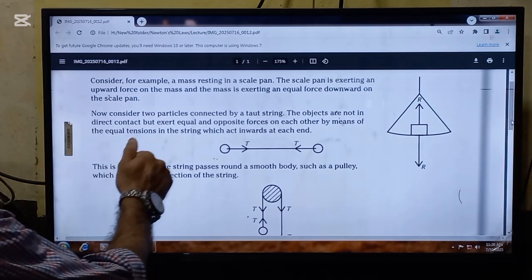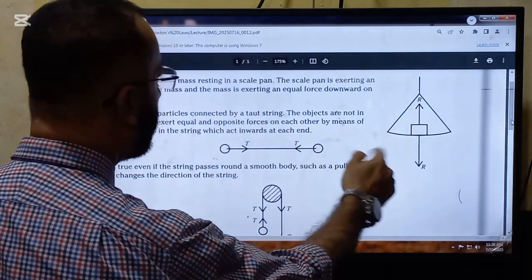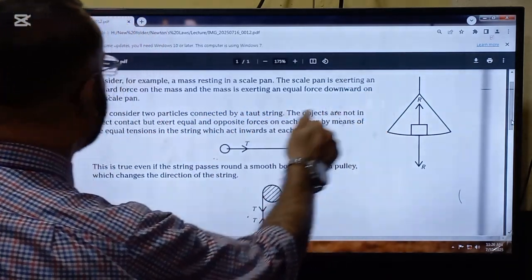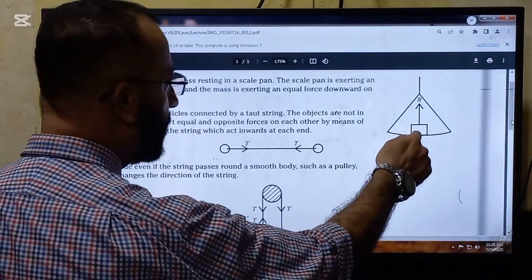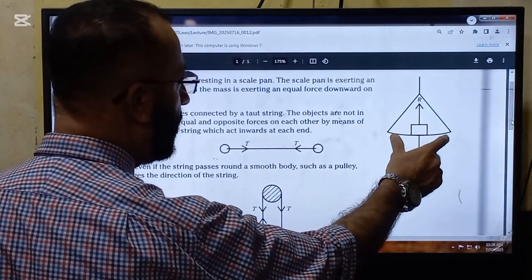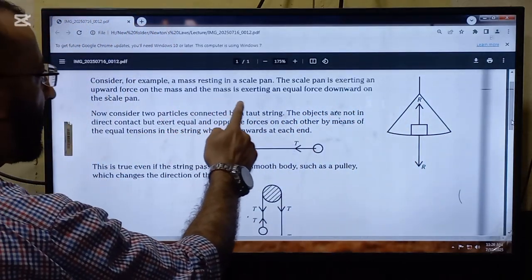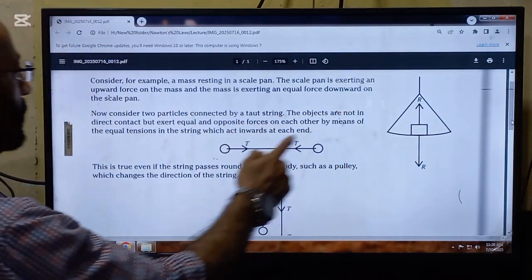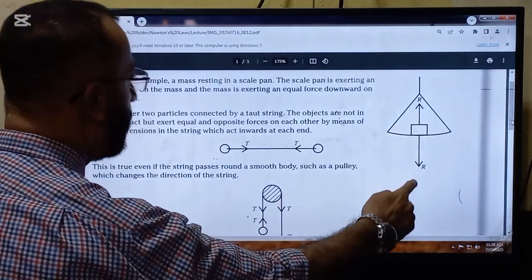Consider, for example, a mass resting in a scale pan. This is the figure. The scale pan is exerting an upward force on the mass. So this is the reaction of the scale pan that is exerting on the mass, and the mass is exerting an equal force downward on the scale pan. So this is the reaction.